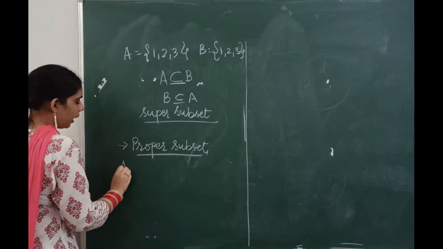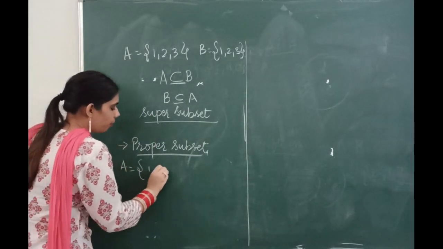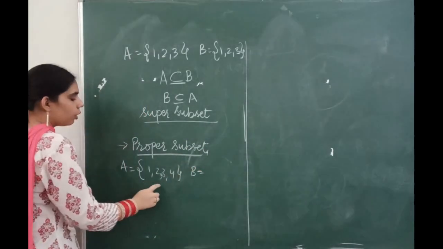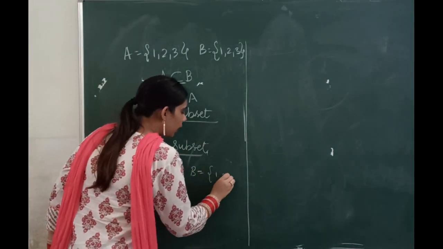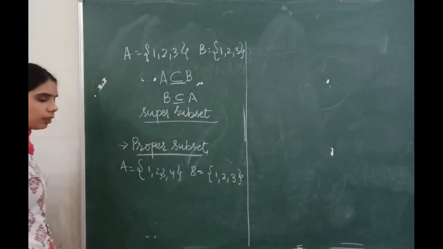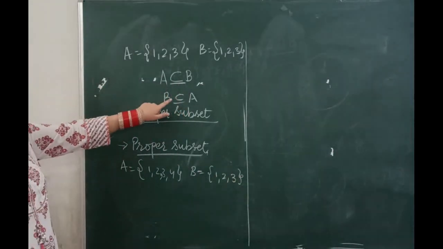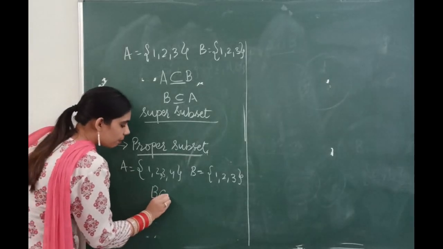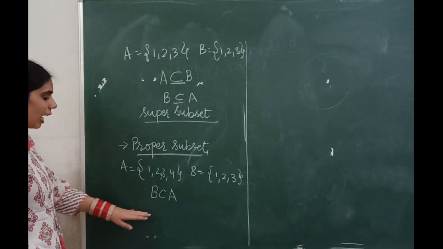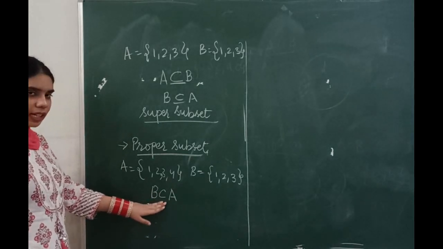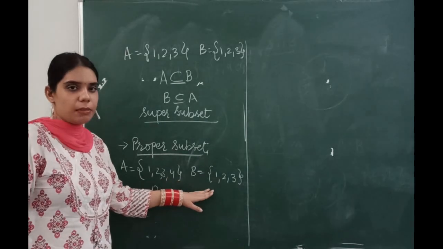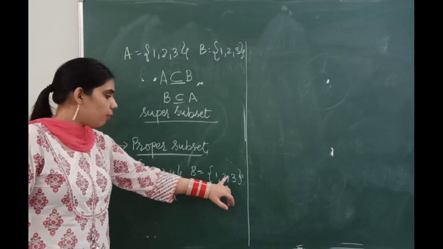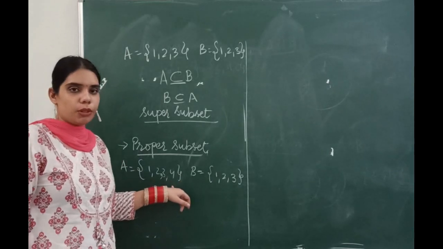Here again, let us take an example. Set A contains 1, 2, 3, 4, 5 and set B contains 1, 2 and 3. As you have already learned this concept, I can write that B is a subset of A. But I will not put an equal sign because I already know the elements. I know that they are not equal. B has fewer elements and A has a greater number of elements.